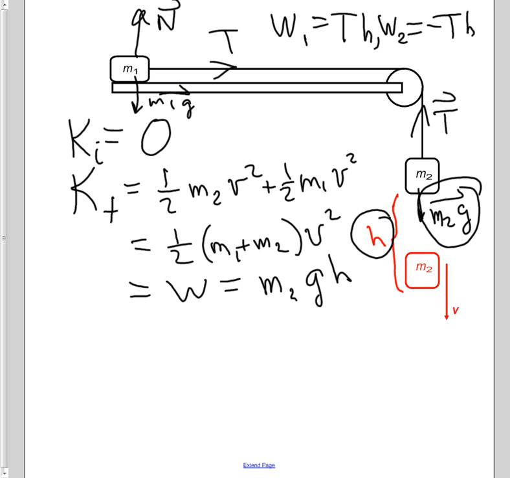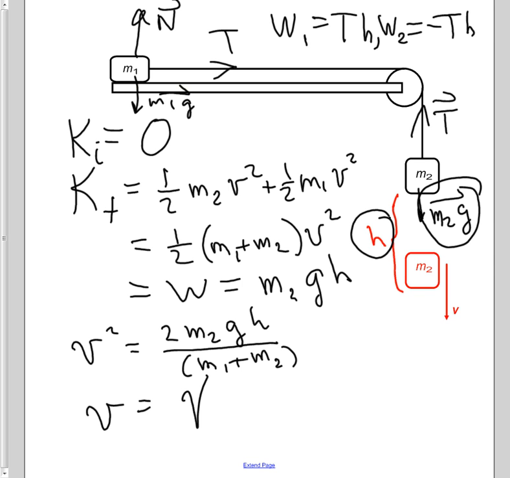And so now if I solve for v to find out how fast it's going, v squared is equal to 2 m2 g h divided by (m1 plus m2), and so v is equal to the square root of 2 m2 g h divided by (m1 plus m2).